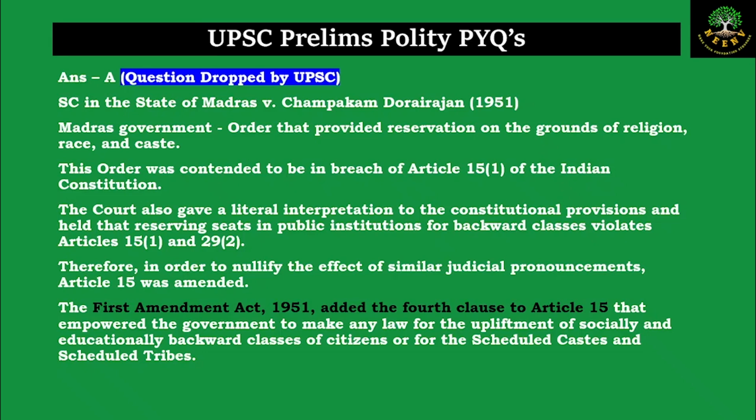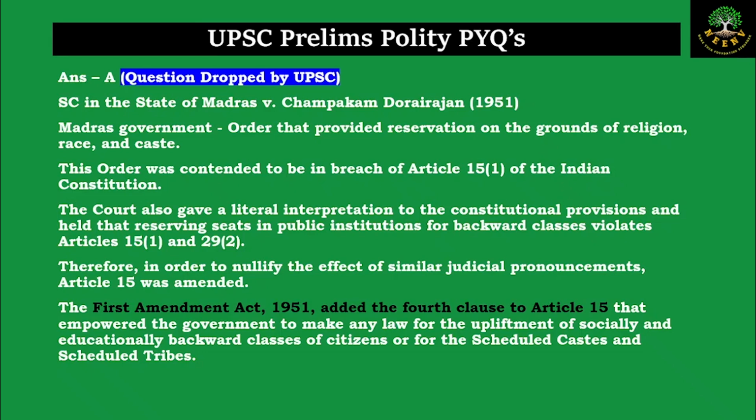In the State of Madras versus Champakam Dorairajan case, famously known as the Champakam Dorairajan case, the court said that you cannot make provisions for giving reservations to a particular class of people because it will affect Articles 15 and 29. The court here went for the literal interpretation of the Constitution and said that the state government didn't have the power to provide reservations on the grounds of, say, religion, race, and caste.